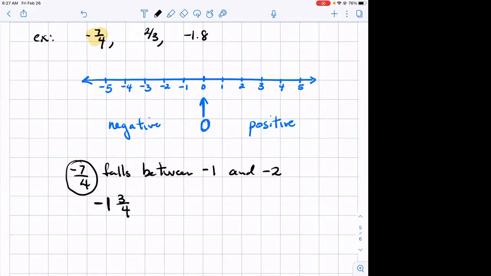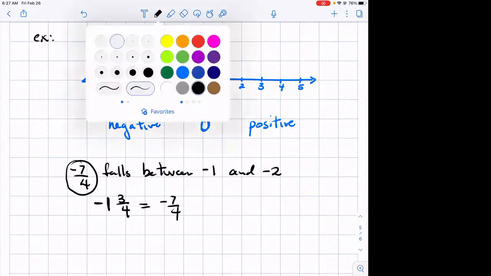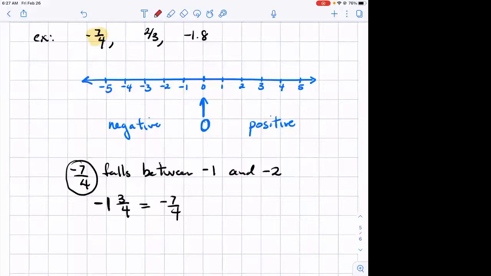Okay? Same thing. This is the same as negative 7/4. So make sure when you plot it, you use your judgment. And 1 3/4 will be closer to 2, right? So somewhere over here. So this will be negative 7 over 4. Okay? It's an approximation.